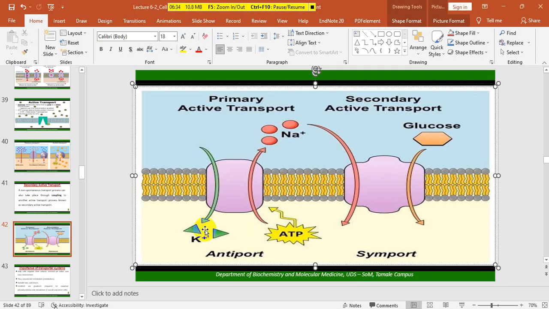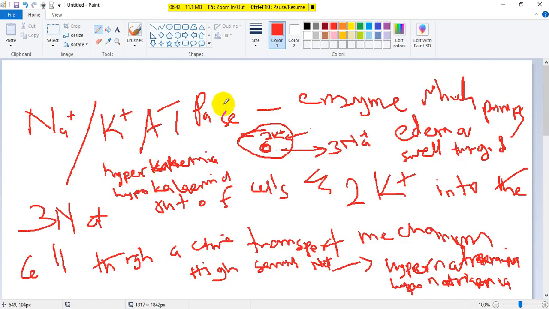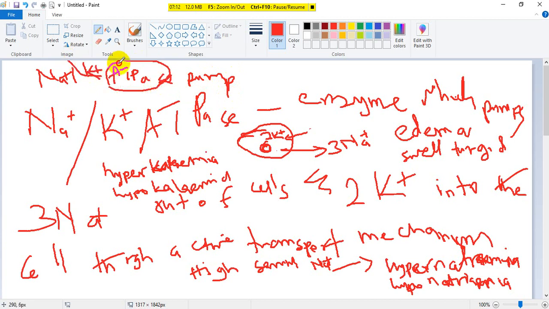So you can see this is mediated by the sodium-potassium ATPase. It's also called the sodium-potassium pump. ATPase means that it works by using energy, because it works against concentration gradients. Some call it the sodium-potassium pump; they don't even bring in the ATPase.